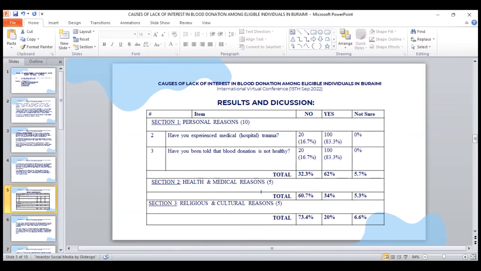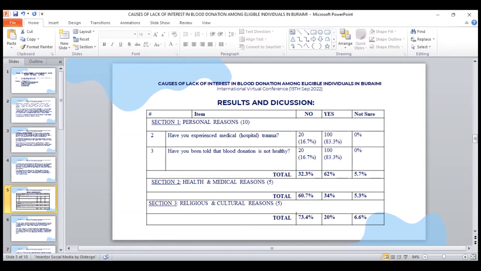However, when we move down to the second and the third, it also clearly states health and medical reasons. We asked about their history, their current medical condition, and their perception of their health. The majority of them answered no, at 66%, that medical and health reason is not the cause. We went further with the third section, which is religious and cultural.